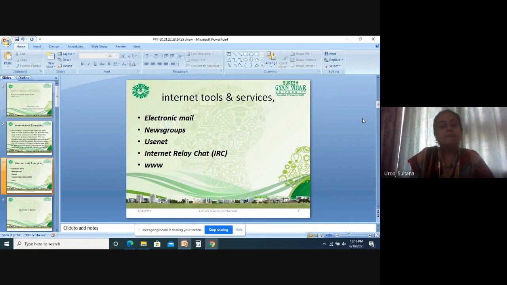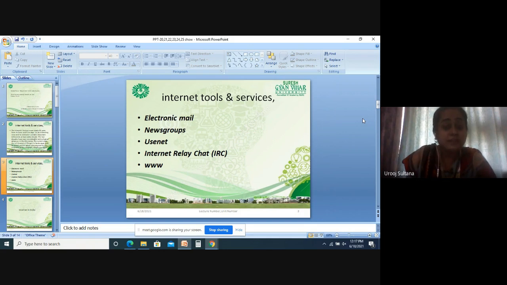Network based email was initially exchanged on the ARPANET in extensions to the file transfer protocol, that is FTP, but is now carried by the Simple Mail Transfer Protocol, that is SMTP.